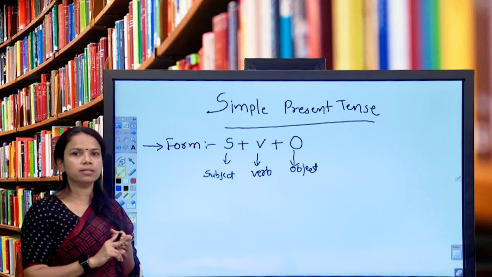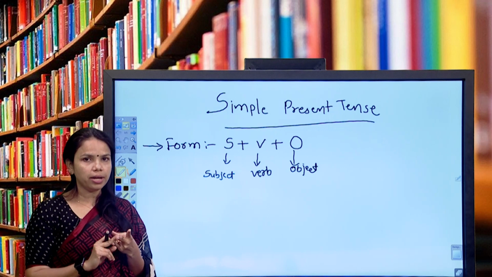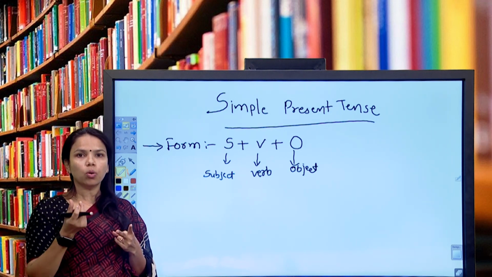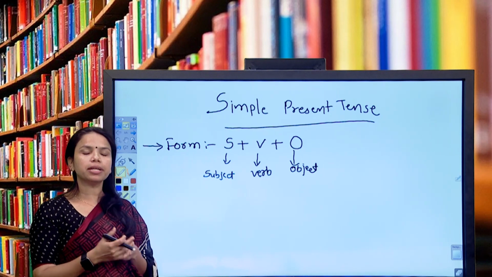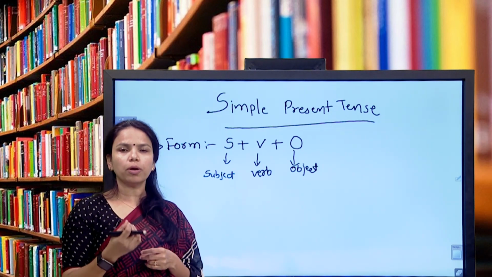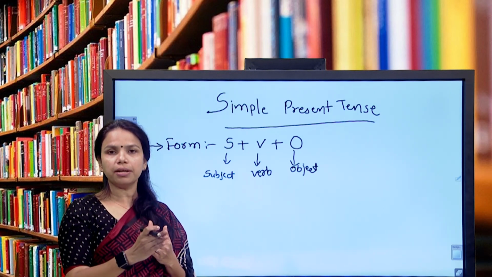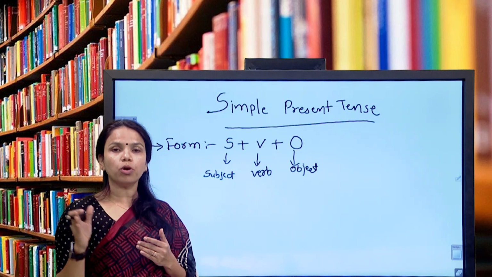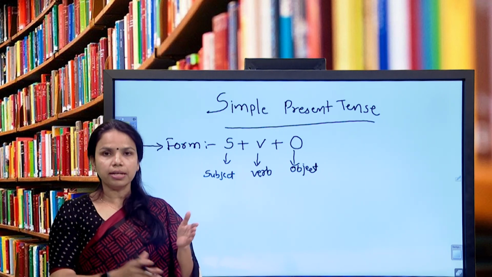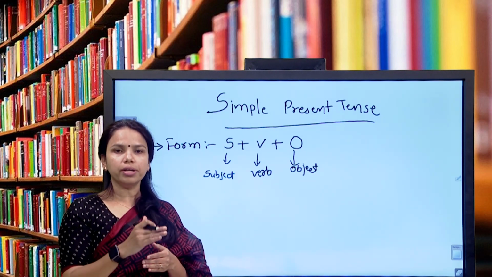Subject means in Gujarati karta, the doer. Verb means kriyapad, and object means the thing. Whenever any person asks how you will recognize the subject, the verb and the object in a sentence, how will you identify them? If in a sentence any person is there, the doer, it is called the subject.